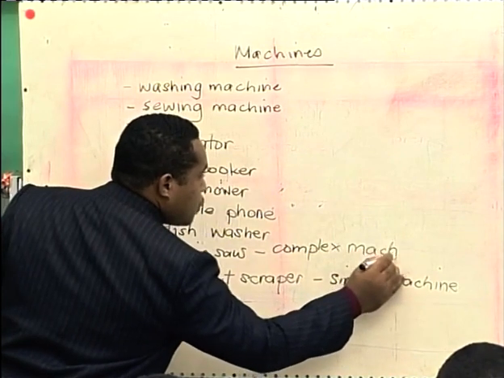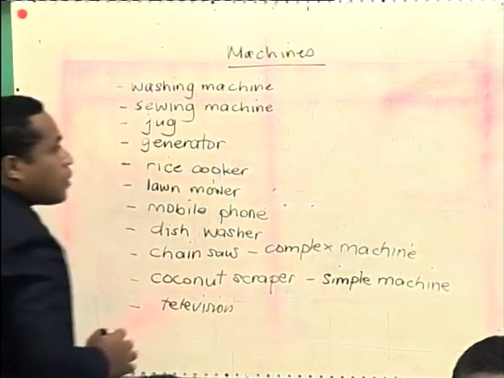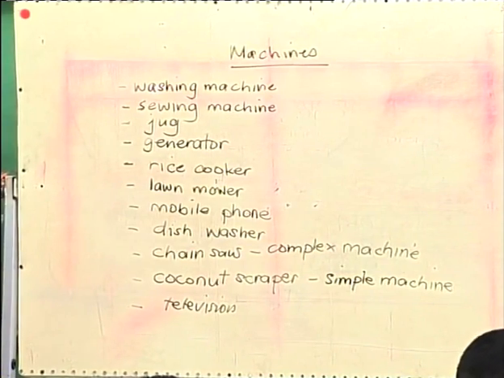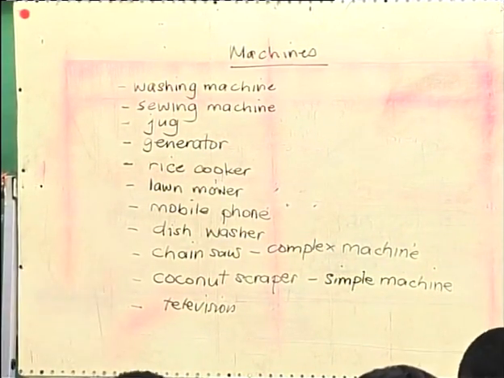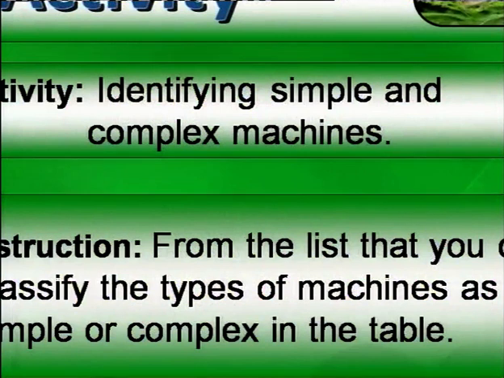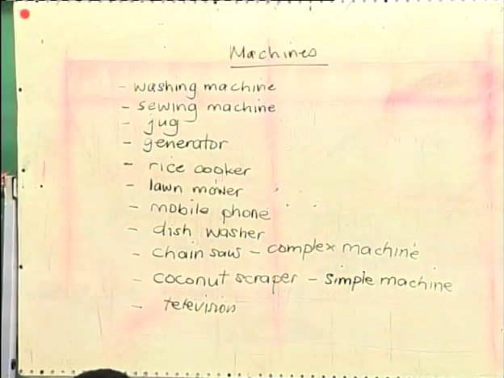Okay, the rest you do it. You fill in the table by referring to the list that you have. Now we haven't listed knife, tin opener, scissors, stapler, iron, your biros, ruler.